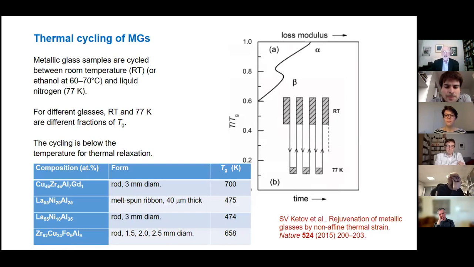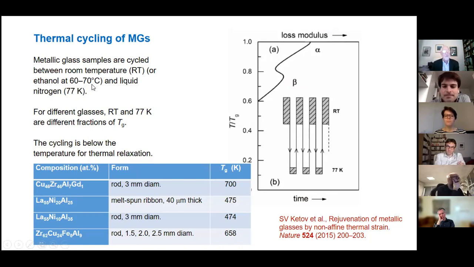So this just takes us from a temperature around room temperature down to essentially liquid nitrogen temperature. And with everything in the glassy world, one is tempted to scale it relative to the glass transition temperature, which is what I've done here, which is why the room temperature looks like a range of temperatures. It's a range relative to the TG of different metallic glasses and a somewhat different temperature range at the upper end.